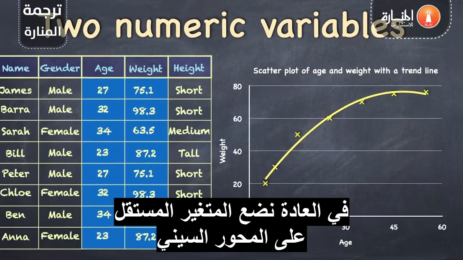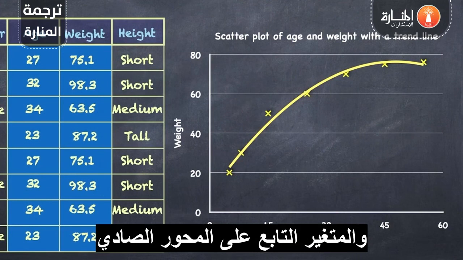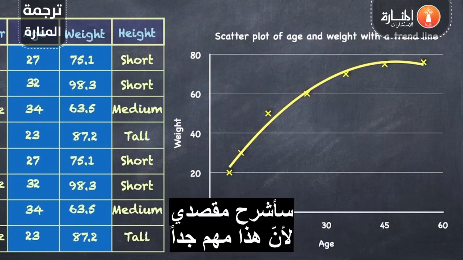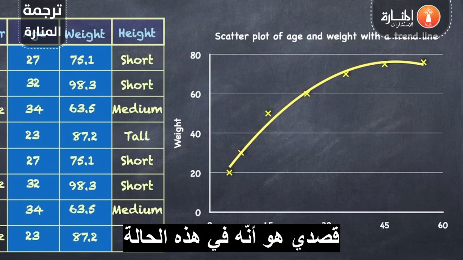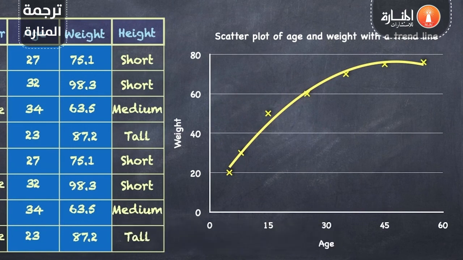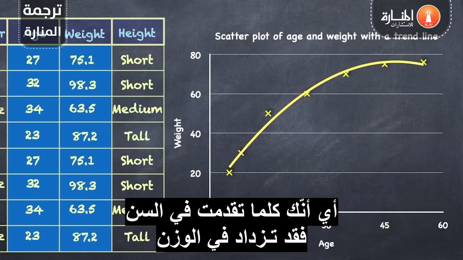And then remember, by convention, we usually plot the independent variable on the x-axis and the dependent variable on the y-axis. And what do I mean by that? Let me just explain that to you, because it's quite important. It's all about the direction of causation. In this case, we think that a change in age might affect weight. In other words, as you get older, you might gain weight.